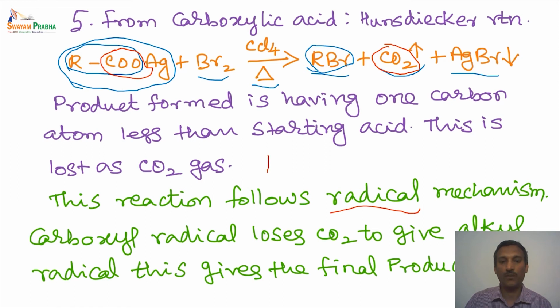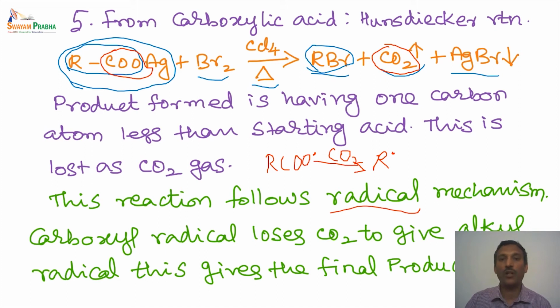So the RCOO radical is formed in the initial step. This RCOO radical loses carbon dioxide, a neutral molecule. So CO2 is lost, which gives an alkyl radical, R dot, in this particular reaction.